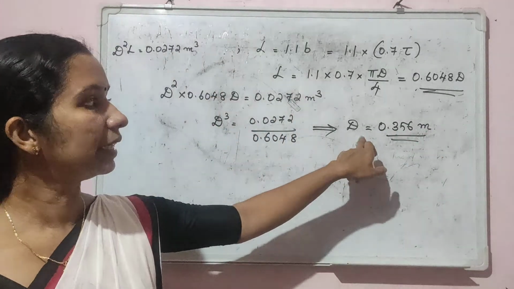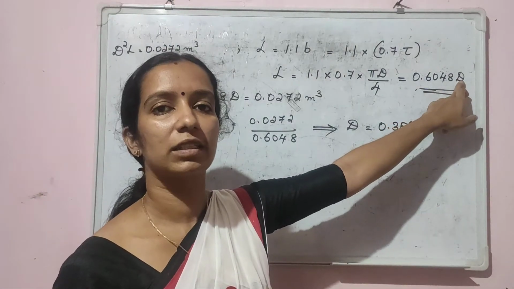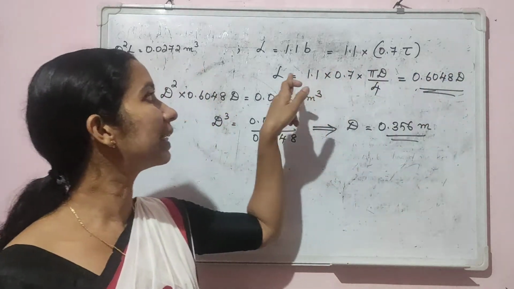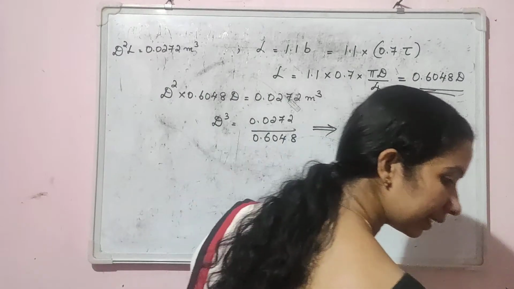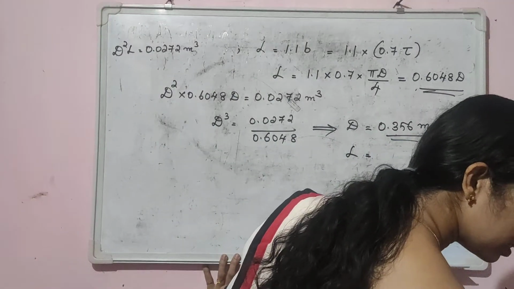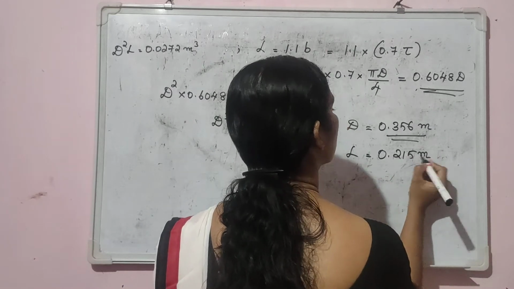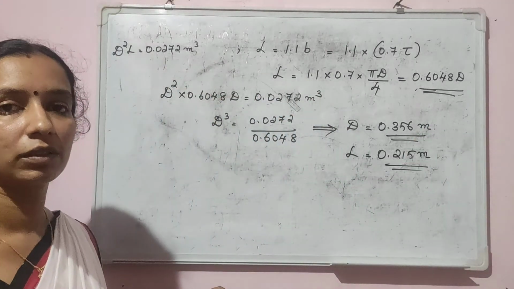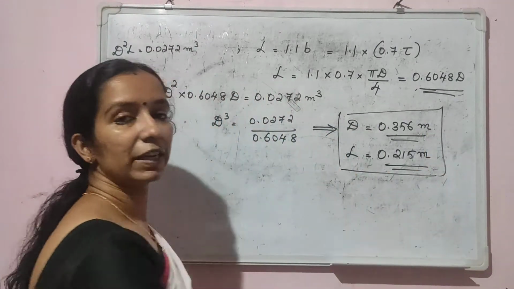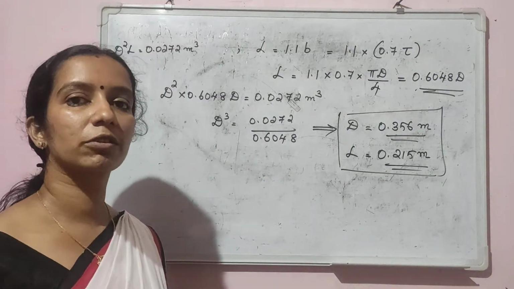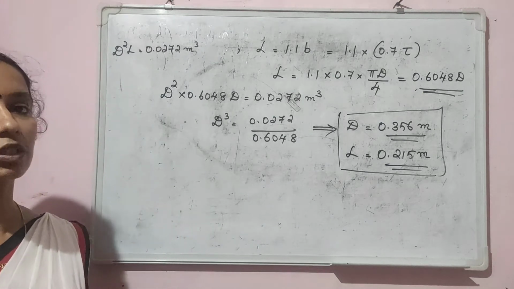Substitute the value of D, 0.356, to get the value of L. The value of L that you obtain is 0.215 meter. So these are the armature diameter and armature core length. So far we have calculated the main dimensions of the machine, the diameter of the armature as well as the length of the armature core.